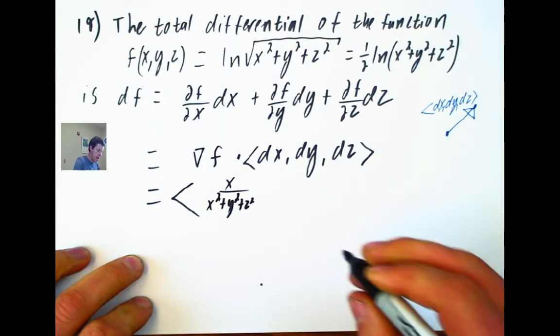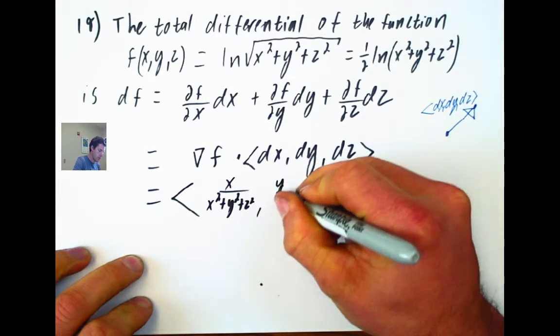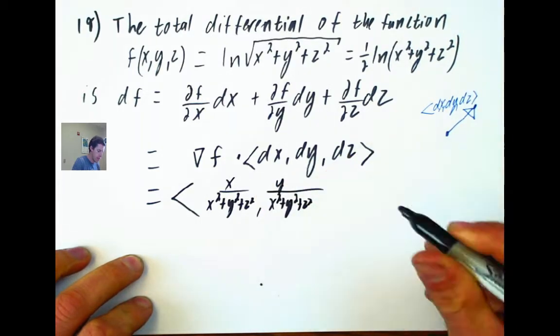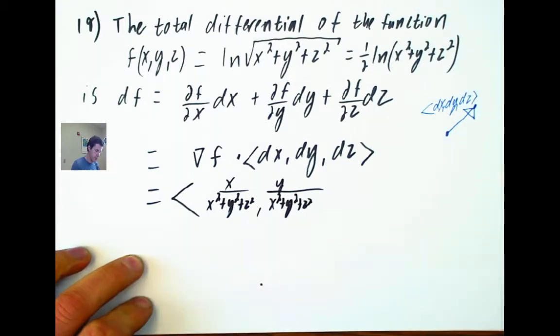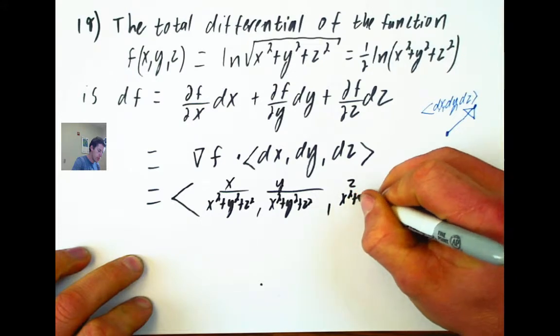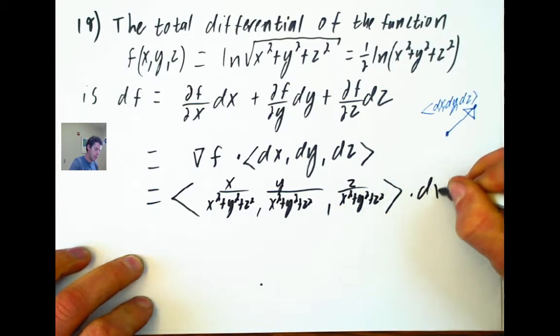And the derivative with respect to y is similarly y over x squared plus y squared plus z squared. Gosh, I should have factored out the x squared plus y squared plus z squared. Oh well. z over x squared plus y squared plus z squared, and still have to dot with dx, dy, dz.